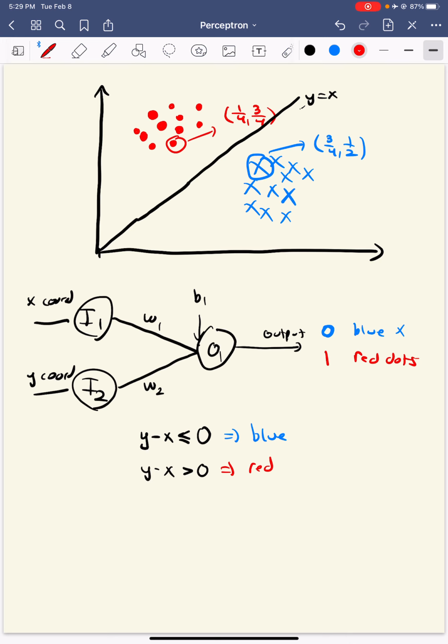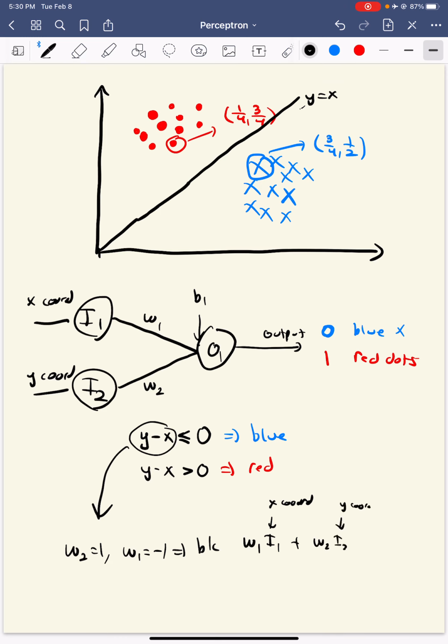So what I want is W2 to be equal to 1, and W1 to be equal to -1, because W1I1, and remember this is the x coordinate, plus W2I2, and that's the y coordinate, is equal to -x plus y, since I chose W1 as -1 and W2 as 1.